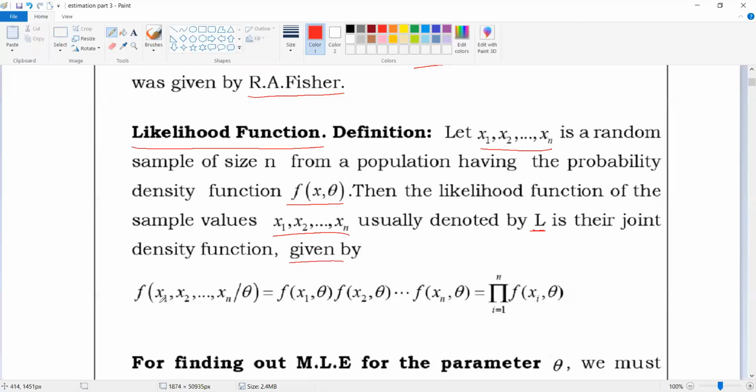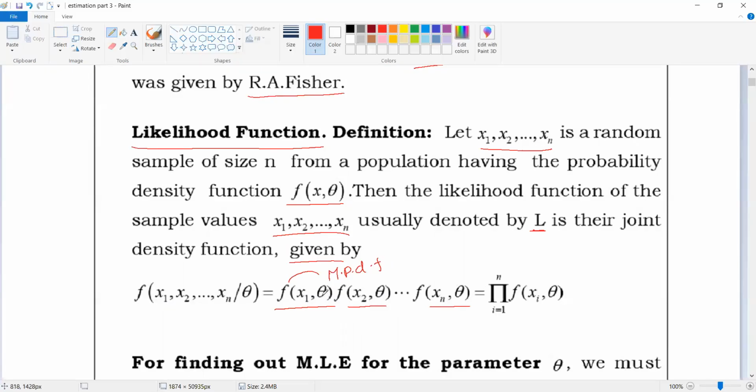It is given by f(x1, x2, ..., xn | theta) = f(x1, theta) f(x2, theta) ... f(xn, theta). The Xi's are IID. So f(x1, theta) is the marginal PDF or probability mass function of the random variable, either a discrete random variable or a continuous random variable.